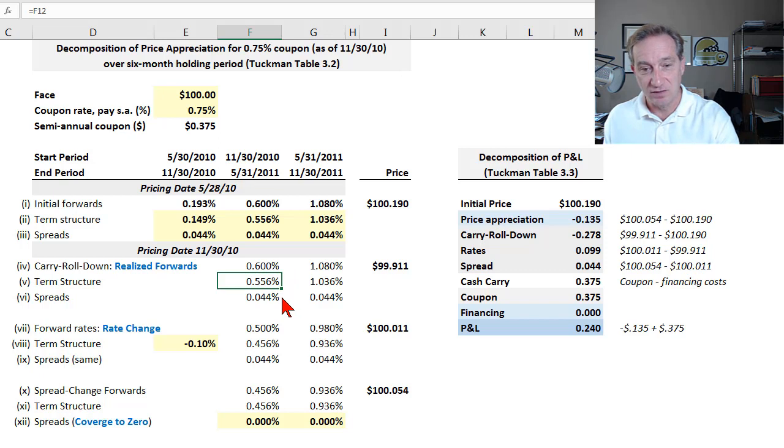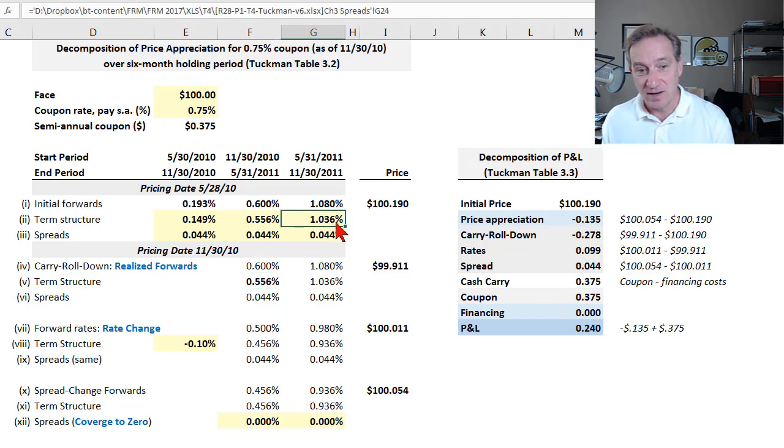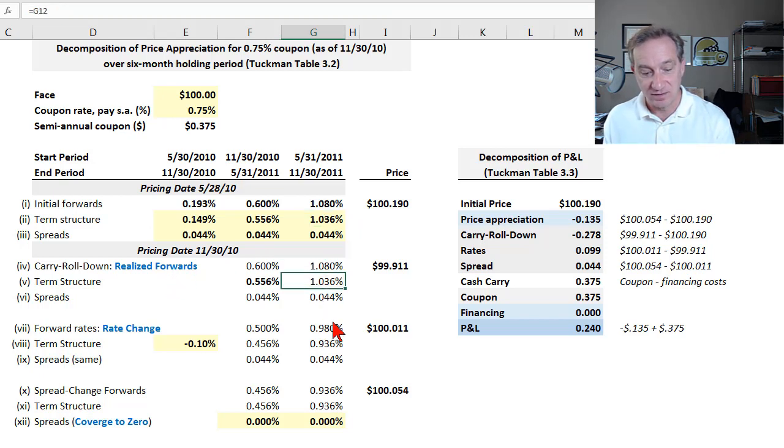And what that means, you can see here, is, again, our pricing date now is 6 months forward, November 30th, that we're saying after 6 months, the new 6-month spot rate here is the previous 6-month forward rate. And the 1-year forward rate, because we're realizing the forwards, becomes the 6-month spot rate, right?